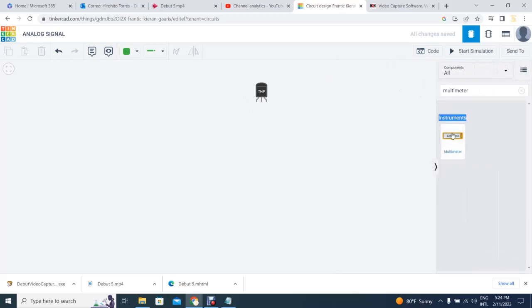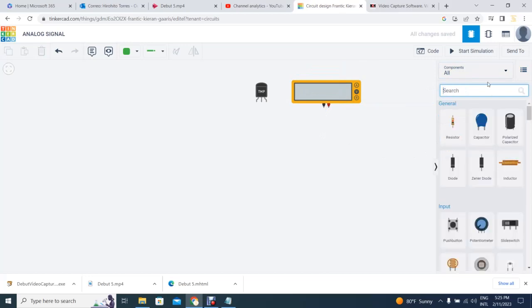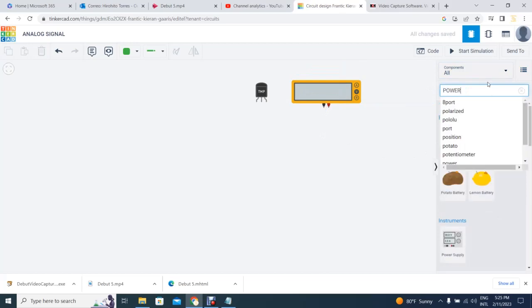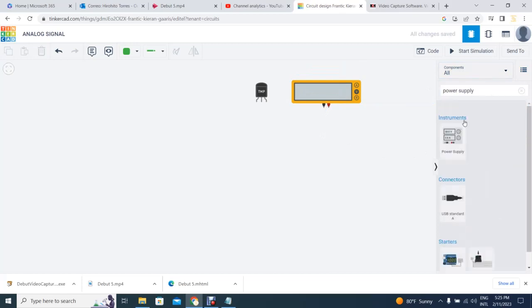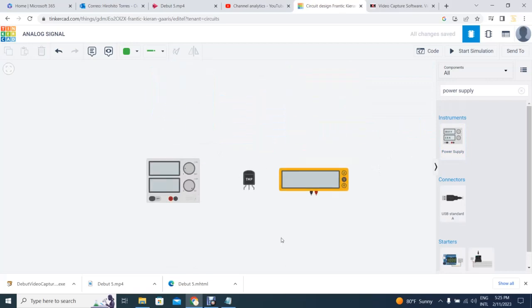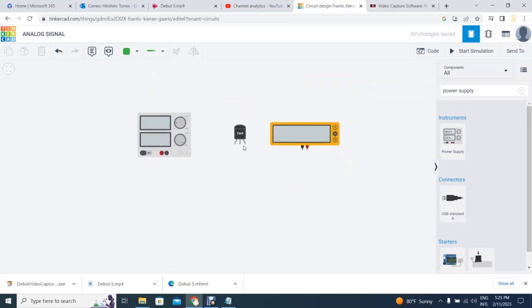Multimeter right here. We put it here somewhere. Now we also need, for example, a power supply. Let's put a power supply so we understand what we're doing. So we need those three instruments basically just to test how this works.